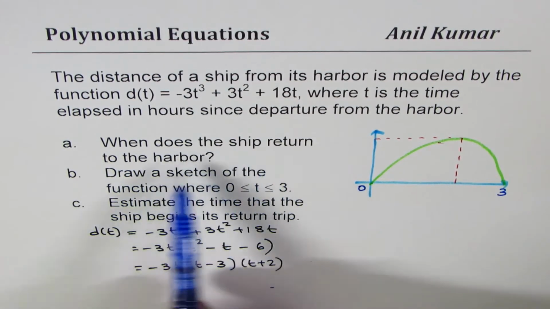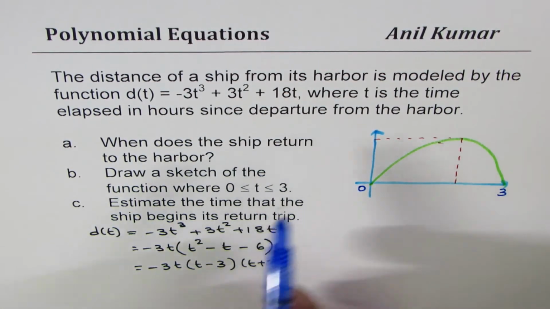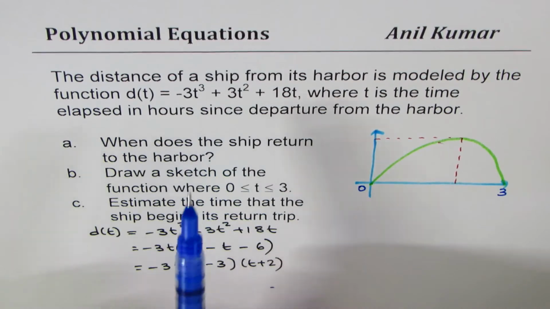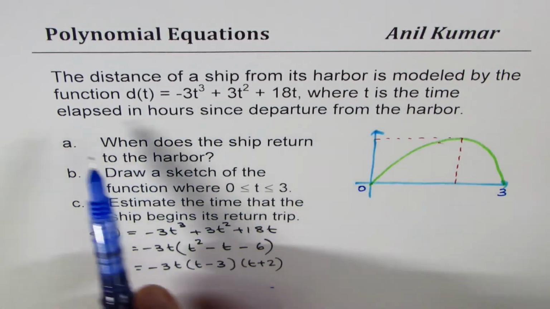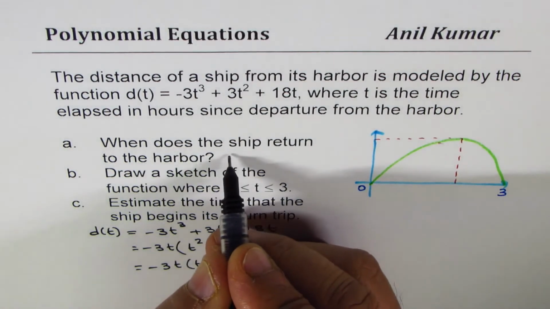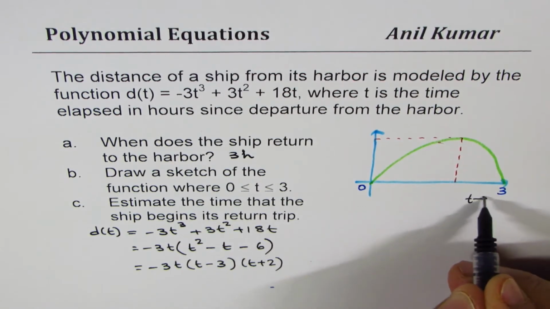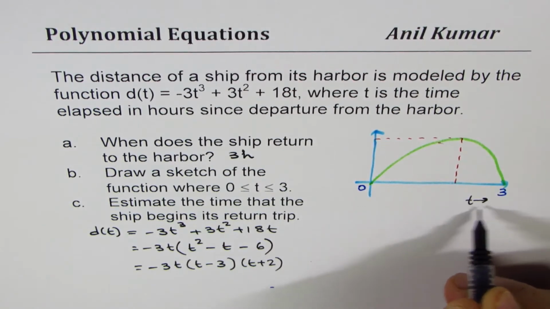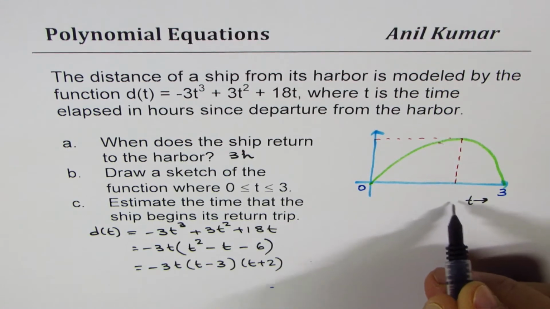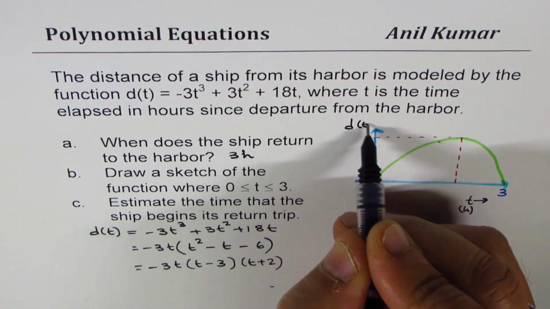So when does the ship return to the harbor? It returns after 3, let's see the units. Where time t elapsed is in hours. So it returns after 3 hours. So that is the first thing. Here we have time in hours, and this is distance with time.